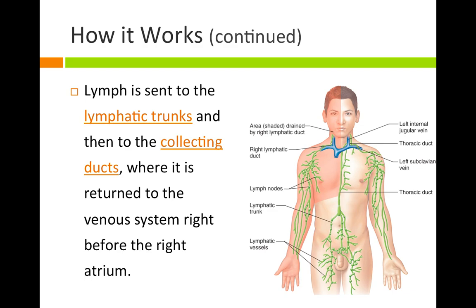This extra fluid can then be circulated again through our cardiovascular system as part of the blood. Then the excess water will go into the capillaries, then more water will come back into the lymphatic capillaries. And so it keeps regulating the amount of water that's in our blood.